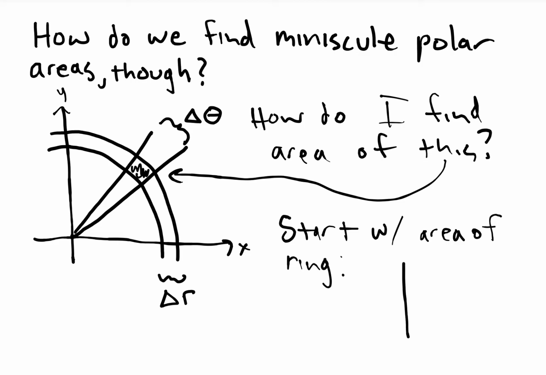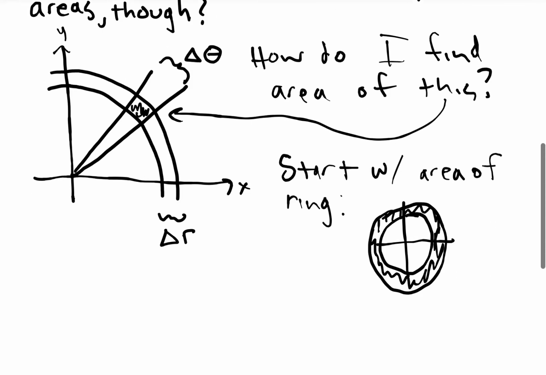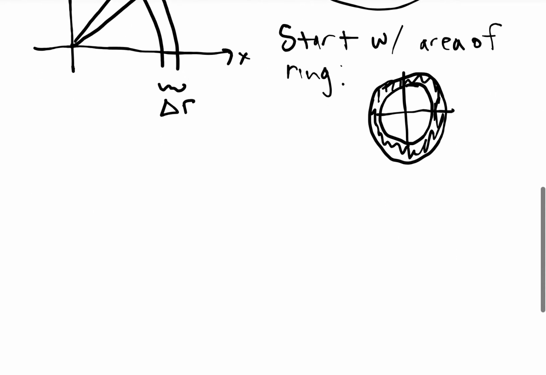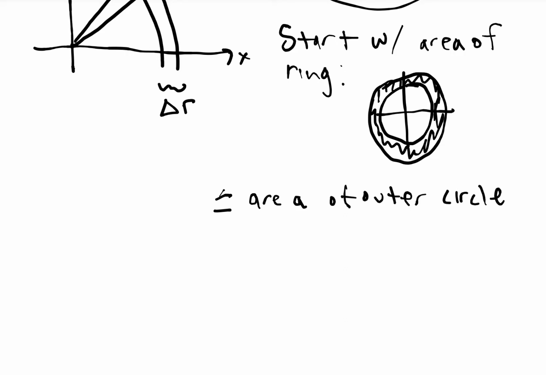That ring comes about by, these are terrible circles, but that area of the ring comes about by taking a difference of areas of circles. So I've basically got my area of my outer circle minus my area of my inner circle.